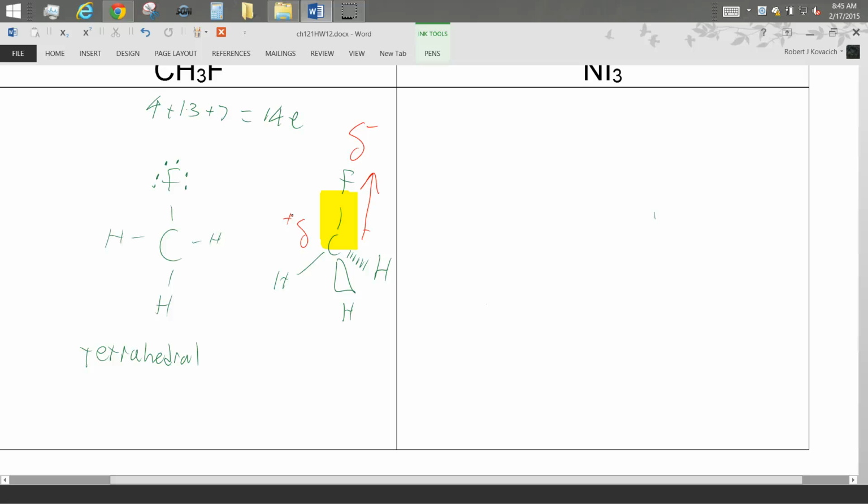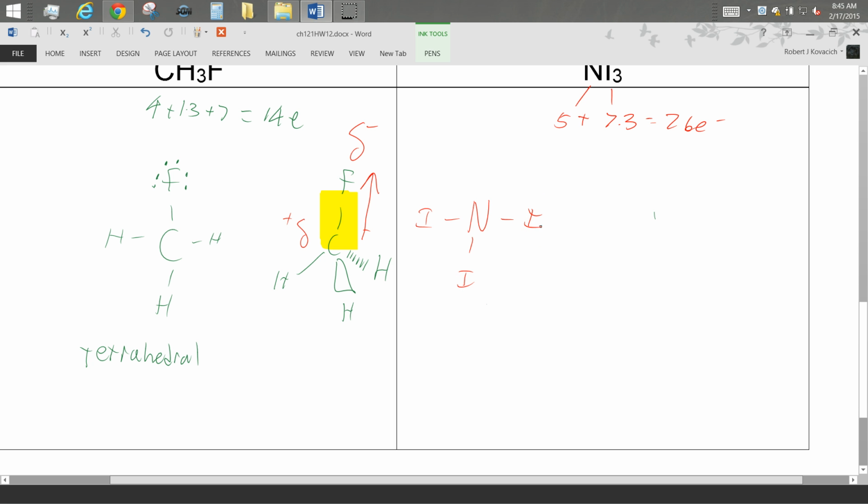Next one. So I've got a nitrogen that's got 5 electrons plus an iodine that's got 7 times 3 electrons. So 26 total electrons. I'm going to put my nitrogen in the middle, and then I'm going to put an iodine, an iodine, and an iodine all attached up.